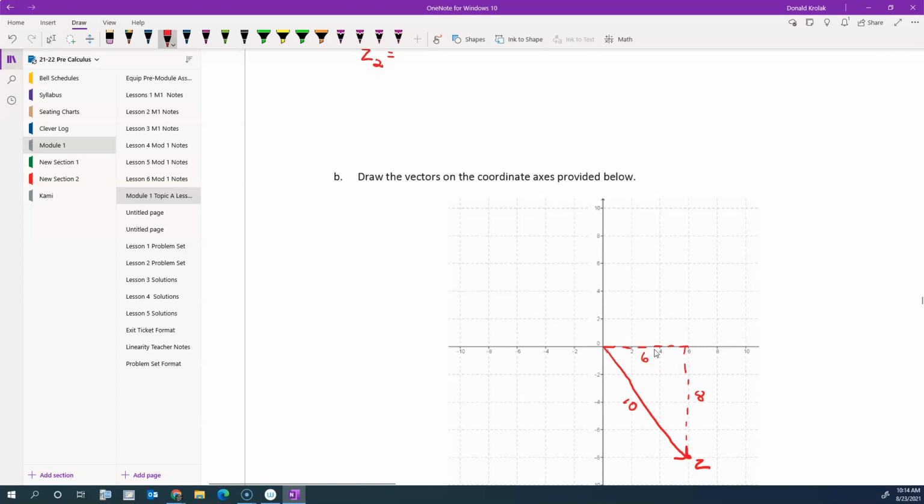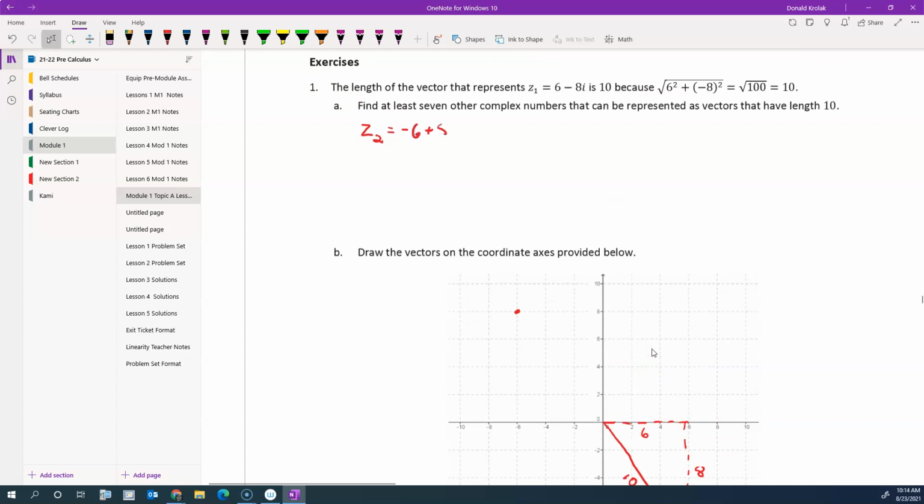Yeah, negative 6 plus 8i. We'll call that Z2, negative 6 plus 8i. Okay, another one. Positive 6 plus 8i.